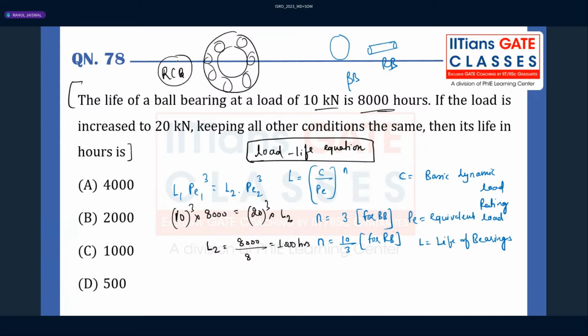How long it will be able to survive before the first crack appears in the ball bearing is called the life of a bearing. I will tell the definition also separately. Each and everything we will discuss regarding the bearings, right? No doubt. So C option is correct here.